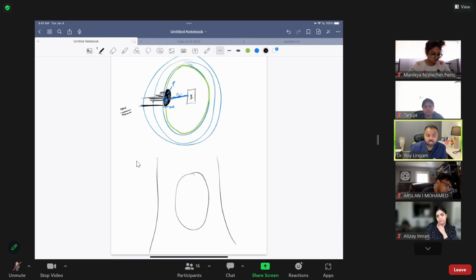The old style, when we did C-section, last generation, 20 years back, we used to cut right in the middle here. That's mom's belly, mom's abdomen. We cut a vertical incision. We take the baby out, no problem. But then that leaves a big scar in the middle of the belly. The moms don't like it.